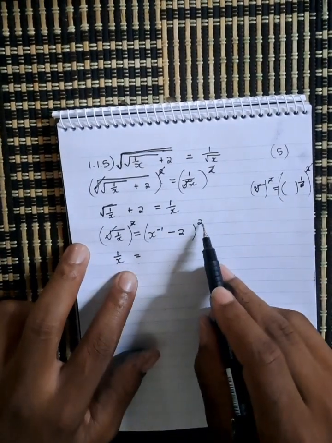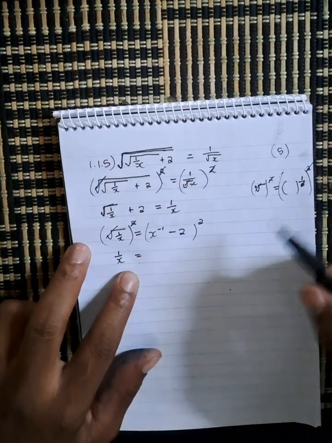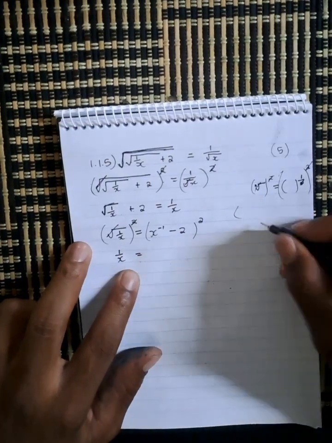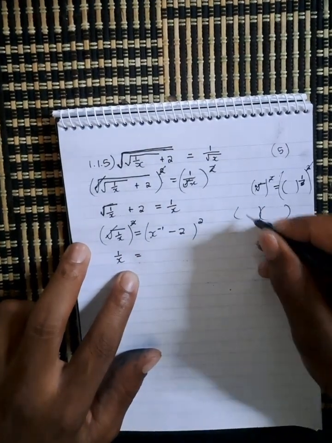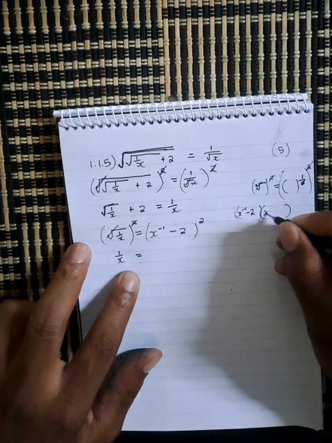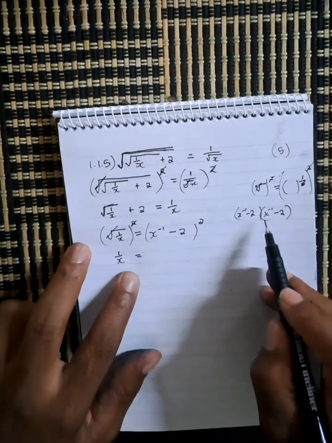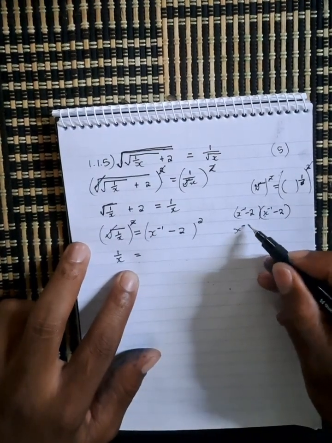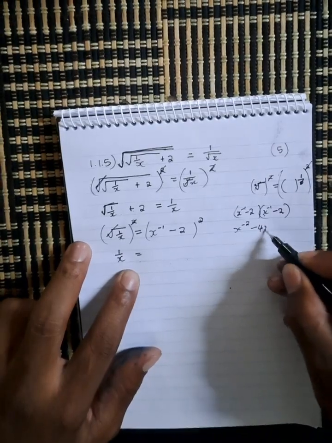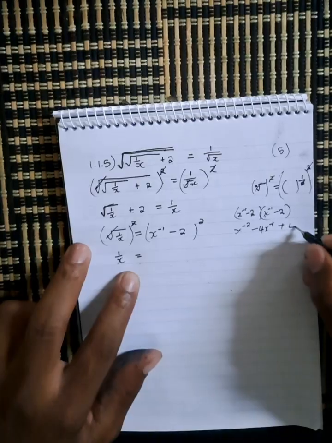equals, so obviously some students like squaring this, but remember, if it's like this, it means that this thing is multiplied by itself twice. So it means that it's something like this. Right, so this multiplied by this gives you x to the power of negative 2, and then minus 4x to the power of negative 1 plus 4.